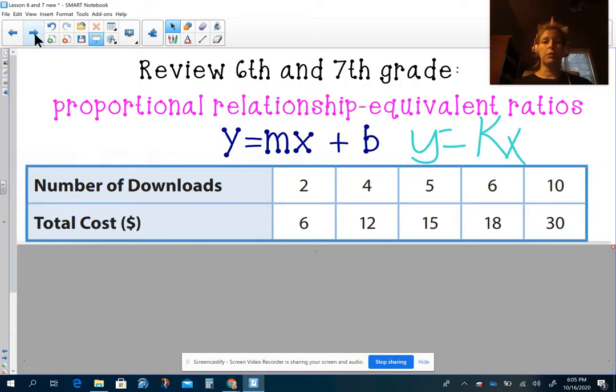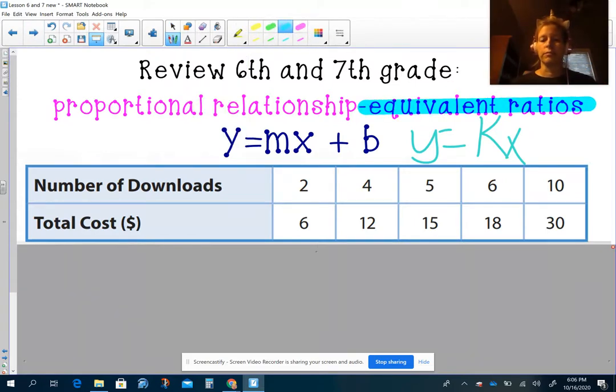So I told you I was going to review a little 6th and 7th grade, so let's get started. In 7th grade and 6th grade, y'all did talk about proportional relationships. And one thing I want you to know is that proportional relationships are very easy to see because you have equivalent ratios, okay?